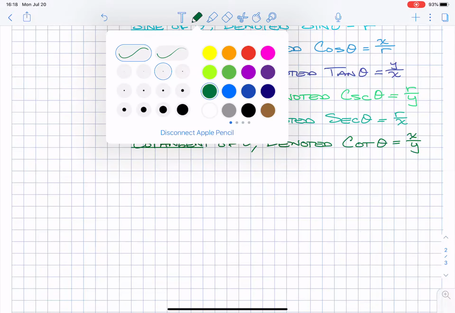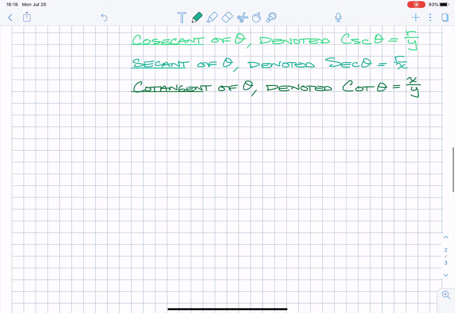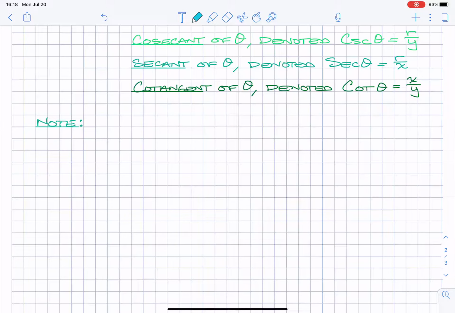Okay, so I keep on saying this, so let's note exactly what I was saying. Sine of theta was y over r.